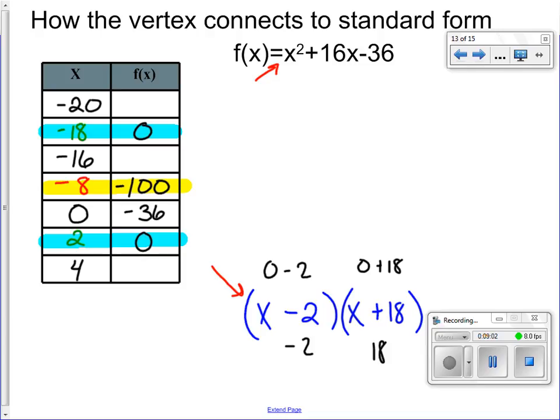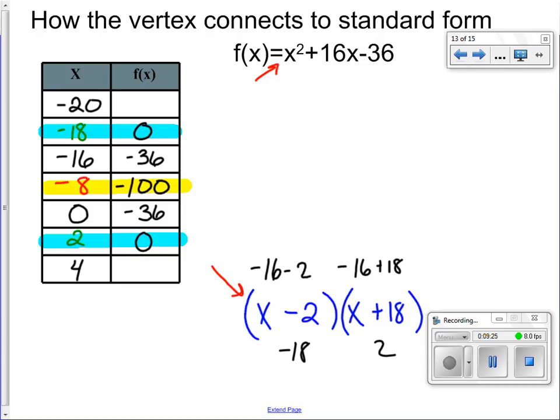Alright? Well, if I do the same thing with negative 16, negative 16 minus 2 is negative 18. Negative 16 plus 18 is a 2. That's a negative 36. So this is what I want you to notice.